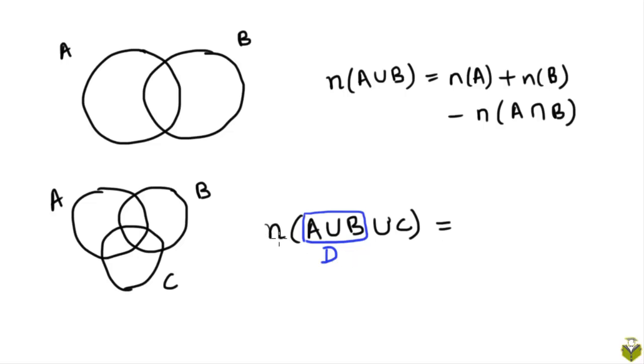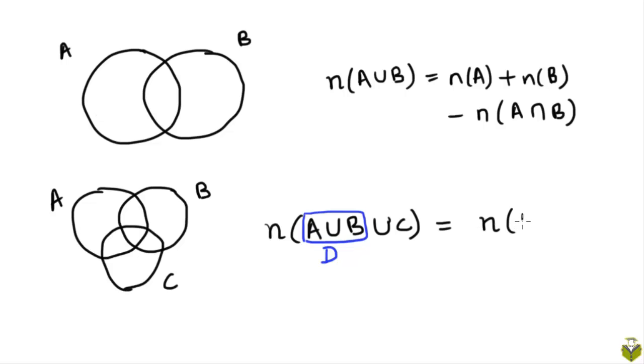So the result will be the number of elements in D union C. We already know how to calculate the number of elements in D union C. We can use this formula, and by replacing the number of elements in D union C with the right hand side derived from this formula, we can then replace back A union B in place of D and then further open up the right hand side. So let's try that strategy.